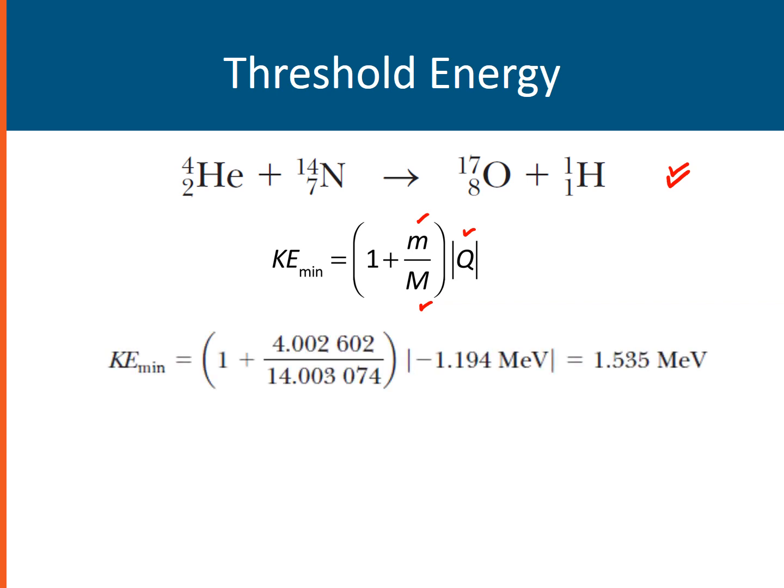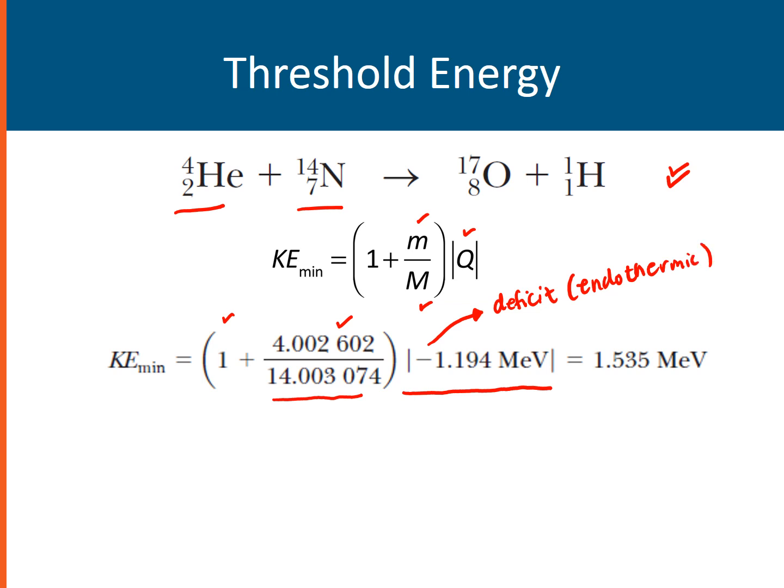Our Ke minimum is equal to 1 plus the mass of the incident particle, the alpha particle in this case, 4.002602, divided by the mass of the target particle, the nitrogen atom, 14.003074, multiplied by the Q value obtained earlier, negative 1.194 mega electron volt. Again, the negative sign tells us that there's a deficit, and therefore this is an endothermic nuclear reaction.